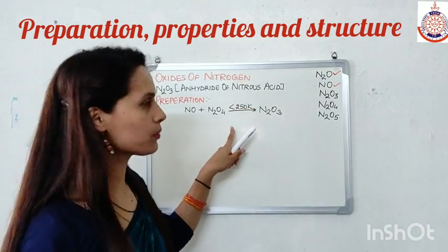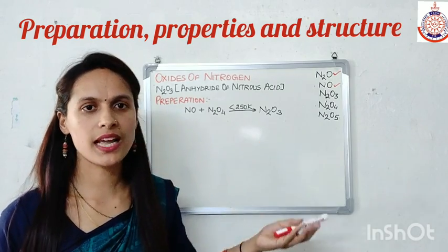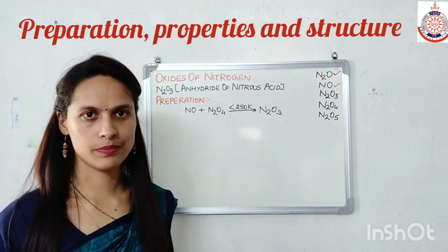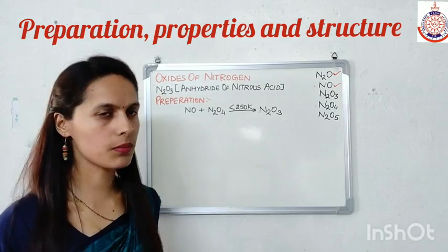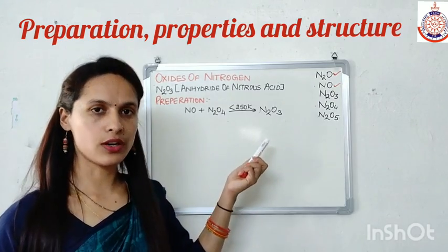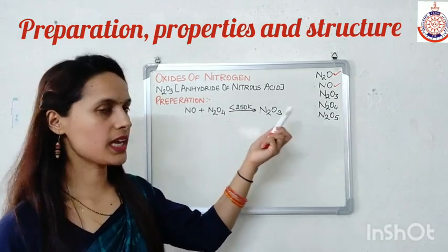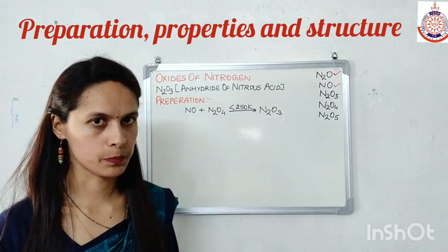So it is clear from this reaction that above 250 Kelvin, N2O3 is not stable. So when NO reacts with N2O4 below 250 Kelvin, it forms N2O3.